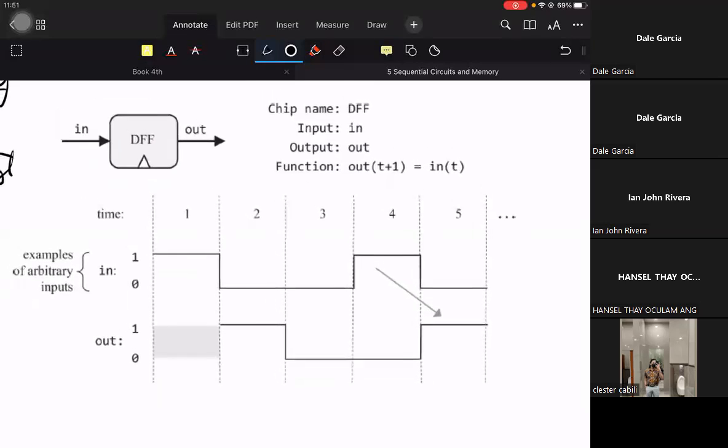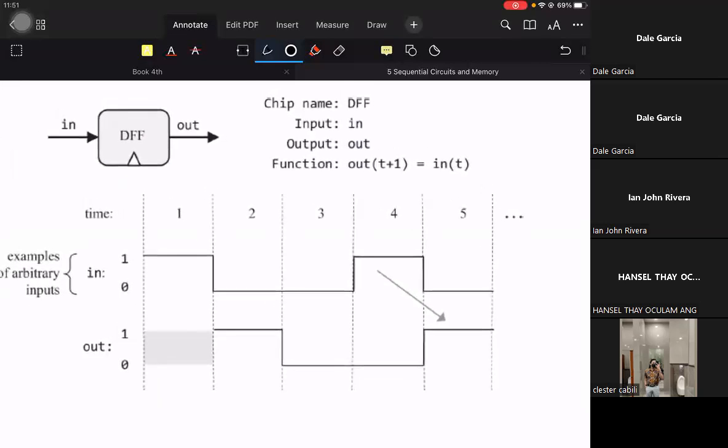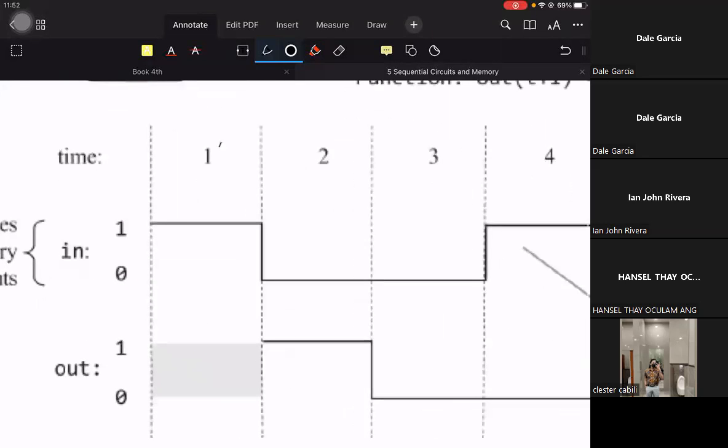So this is the function, or the response, of the data flip-flop. Very simple. The present output is the previous state. So consider cycle 1.